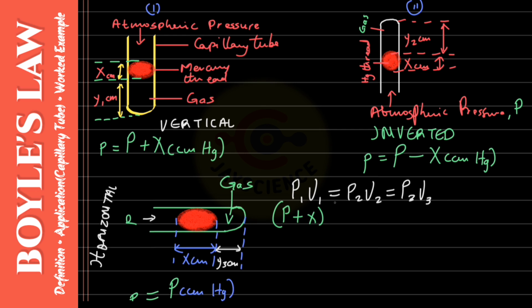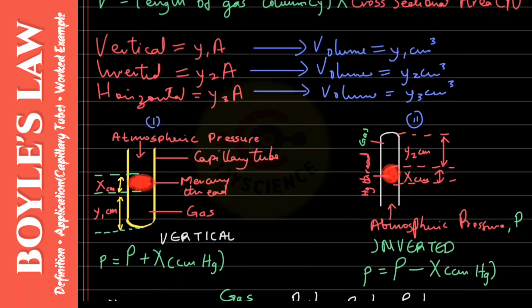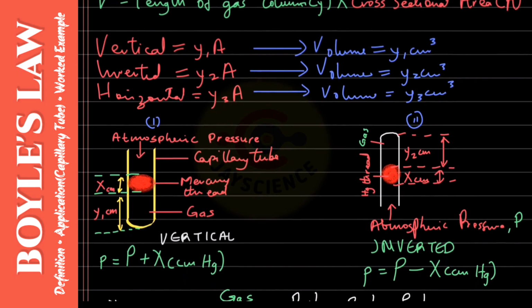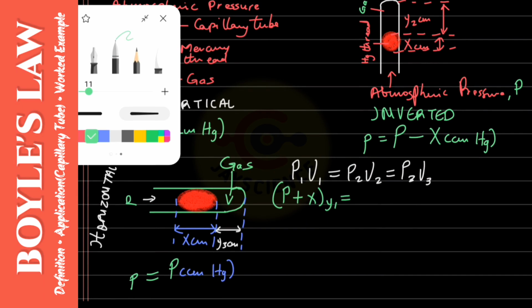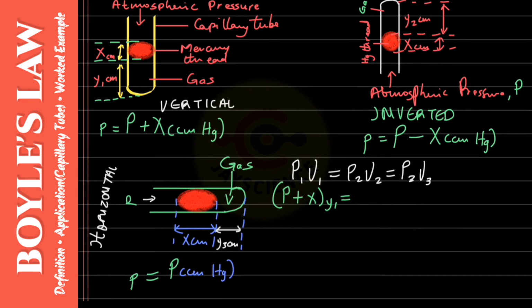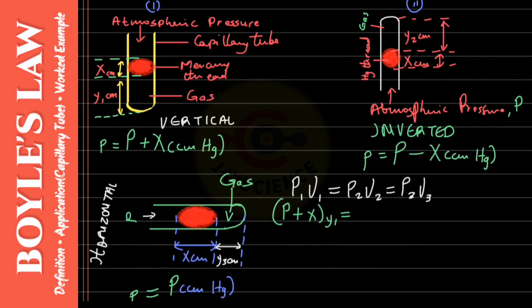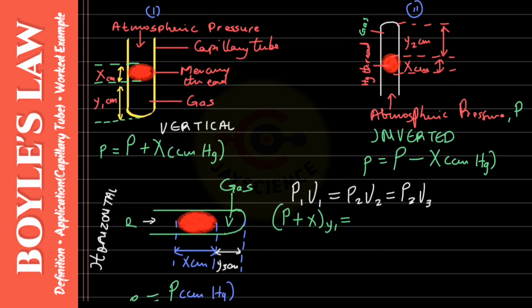And the first volume we have here for the vertical, you can see it here for the vertical, is Y1. Now, P2, V2, that would refer to the inverted tube. So for the inverted tube, remember that we said the pressure is P minus X centimeters.